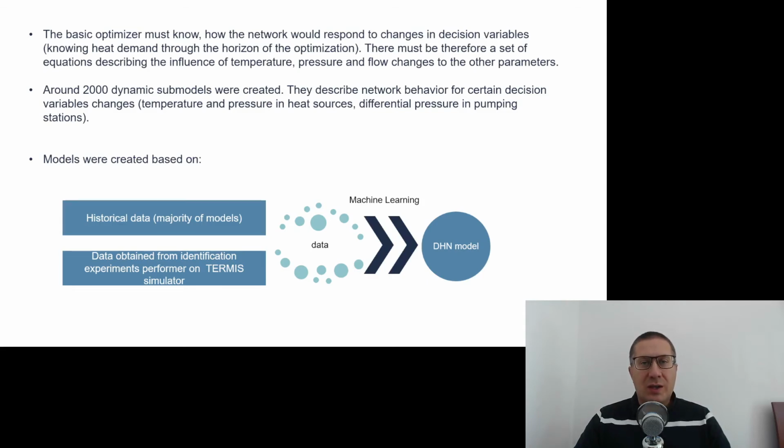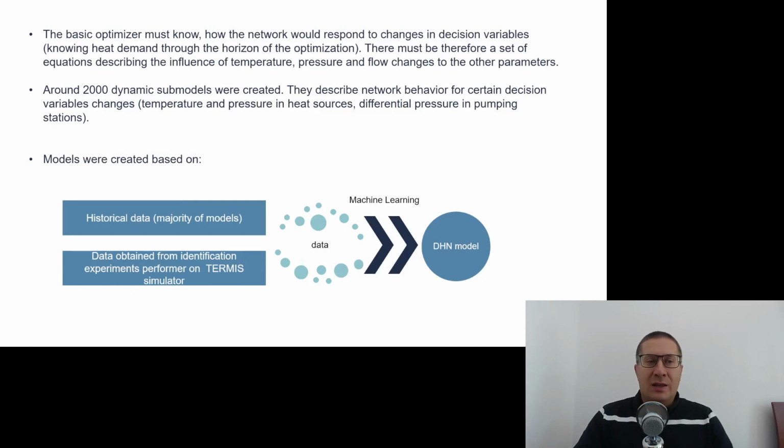So we take the data from plants, from those critical substations, from pumping stations for the last 3 years, and try to create models that will link all the crucial parameters related with constraints, with decision variables, with our optimization goals. And we did it.